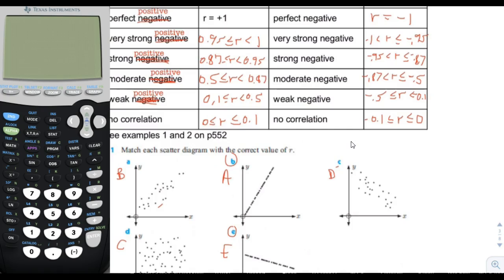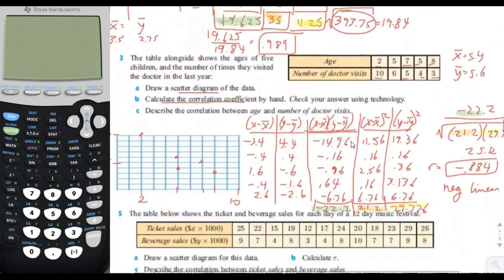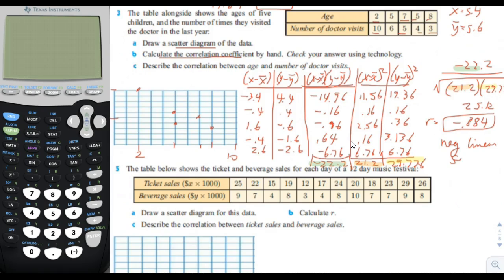If we have negative 0.884, it would be that classification. So, oh, no, negative 0.884 would be there, not there. So it would be moderate negative. No, strong negative. So we would classify this as negative linear strong, or strong negative linear.